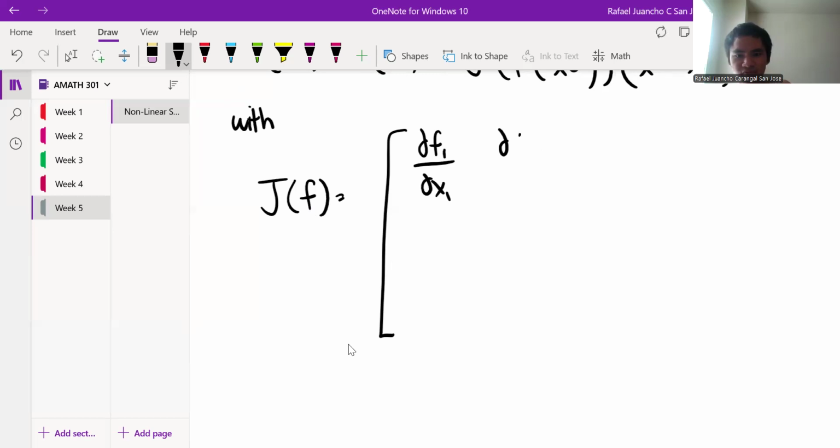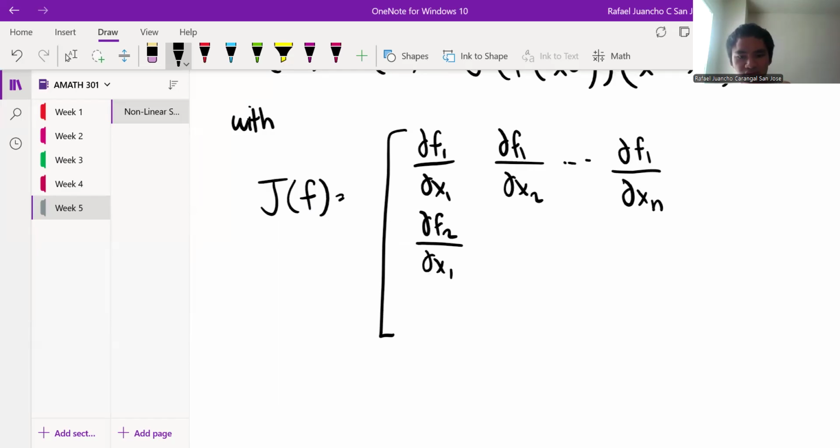This is f sub 1, f sub 1, this all the way to n. Then we keep going. So this is f sub 2. This is x sub 1. This is going all the way to f sub n.